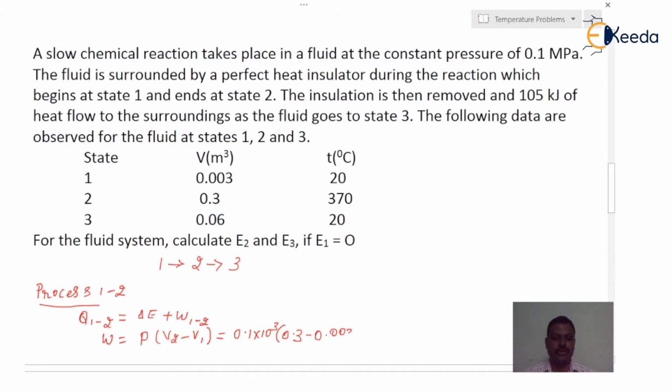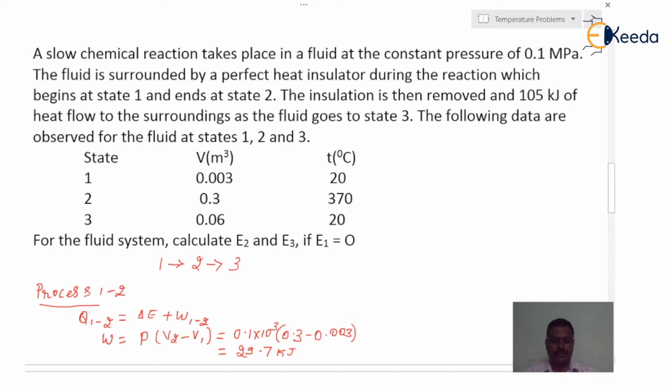So the work done when the piston moves through a volume displacement from 0.003 to 0.3 is 29.7 kilojoules.